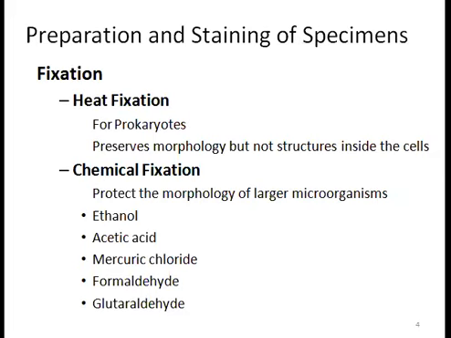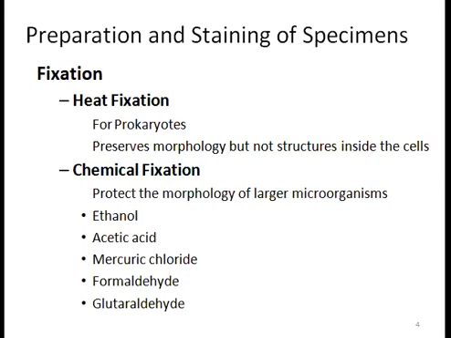Although living organisms can be directly examined with the light microscope, they often must be fixed and stained to increase visibility, to study specific morphological features, and to preserve them for future study.